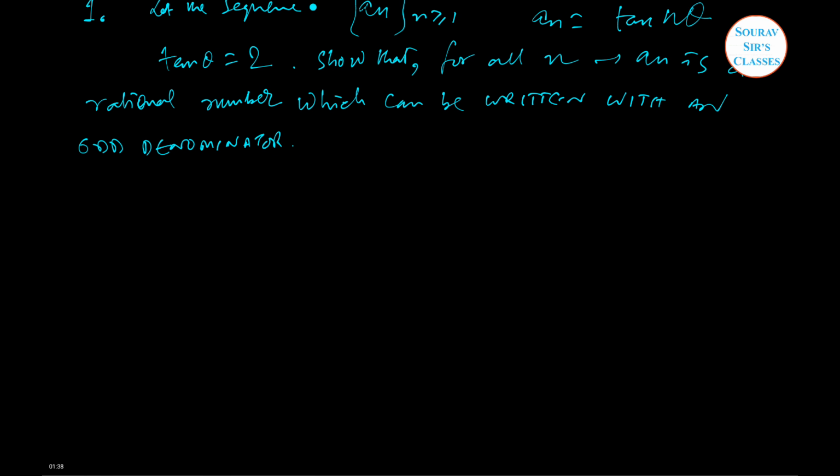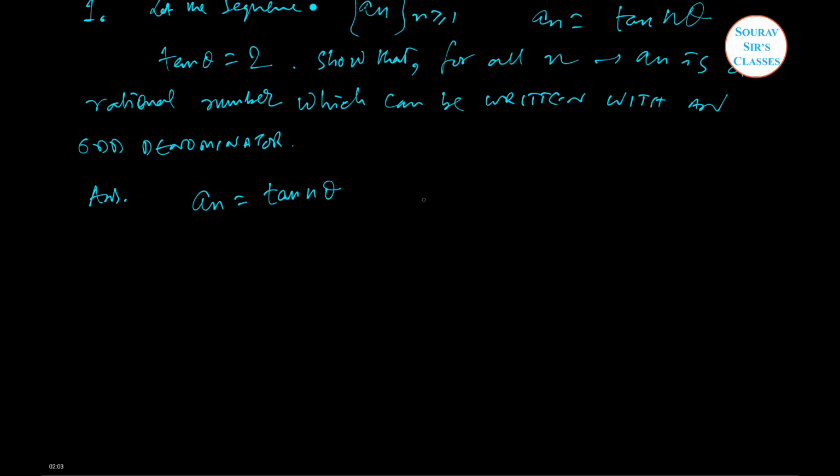So, how to solve this question? Let me just rewrite the structure. a_n equal to tan of n theta. So it can be tan theta, tan 2 theta, in that way, for any n going to infinity.